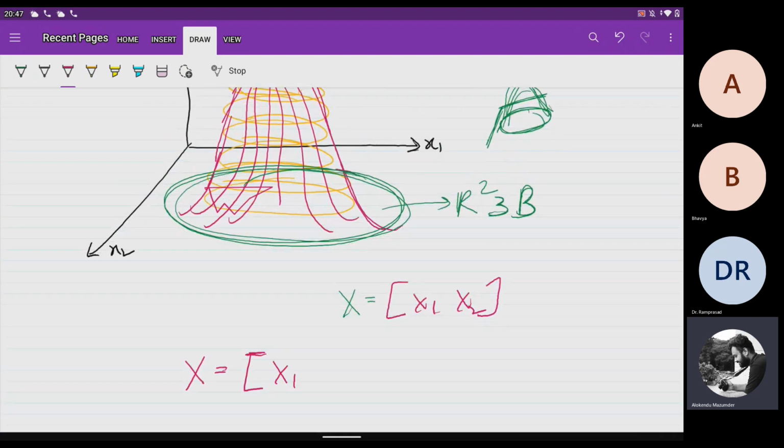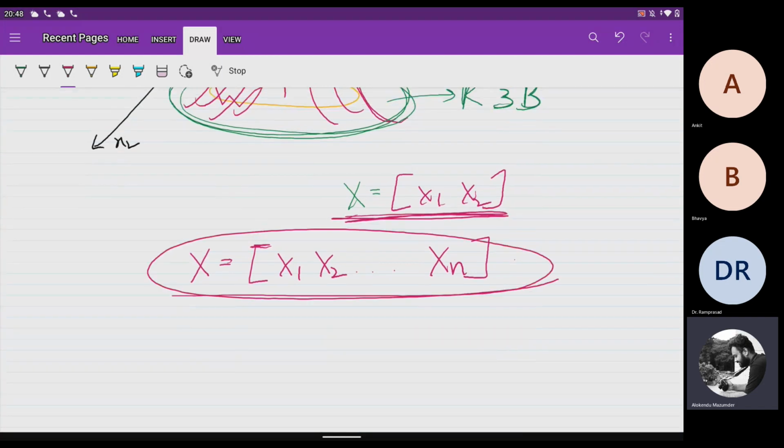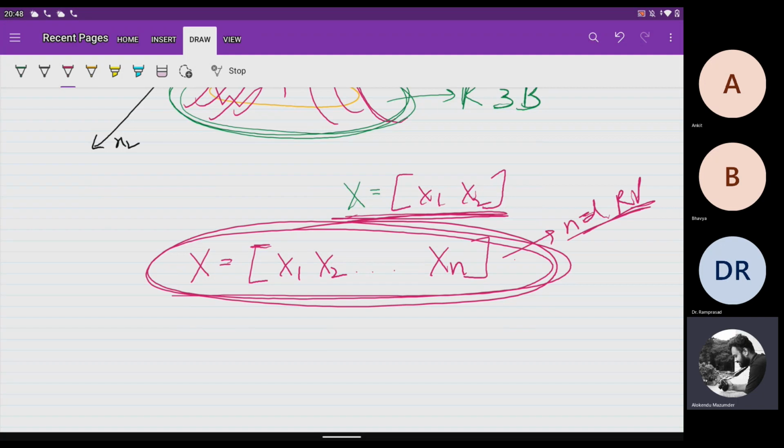In 2D, I can visualize using a graph, but in n dimensions I cannot, because I cannot visualize more than 3 dimensions. So it's just a general extension to an n-dimensional random variable, and most probably we'll be dealing with n-dimensional random variables in the upcoming machine learning topics.